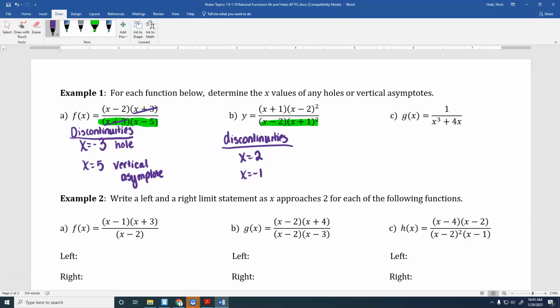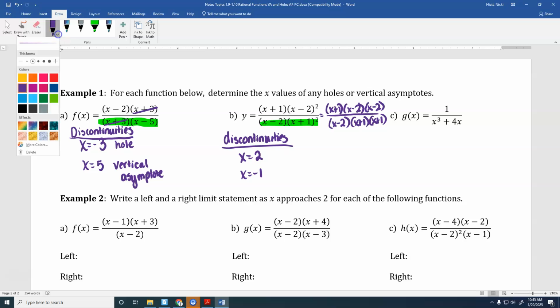To know if it's a hole, I'm going to write this one out the long way. You don't have to write it, but this is x plus 1, x minus 2, x minus 2 on top. On the bottom, you would have x minus 2, x plus 1, x plus 1.